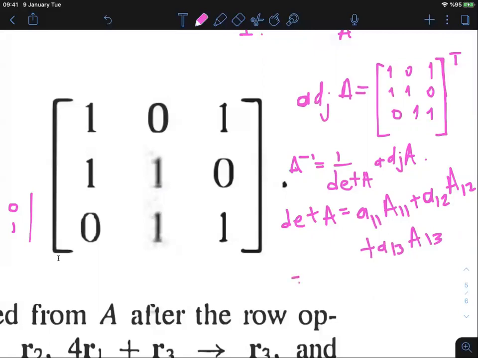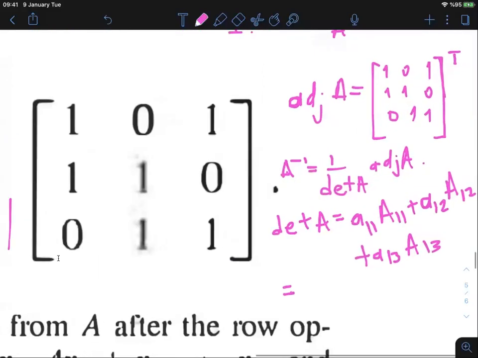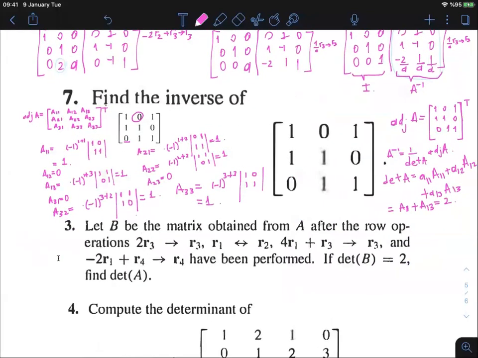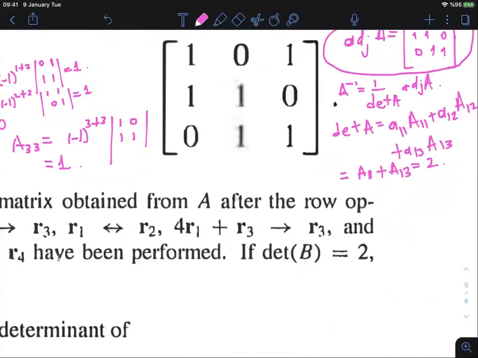So a11 is 1, so this is basically A11 plus A13, which is 1 plus 1, which is 2. So the inverse matrix becomes this guy divided by 2. So all the entries are divided by 2.